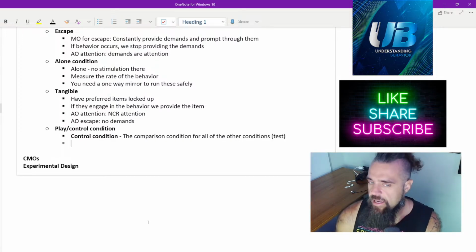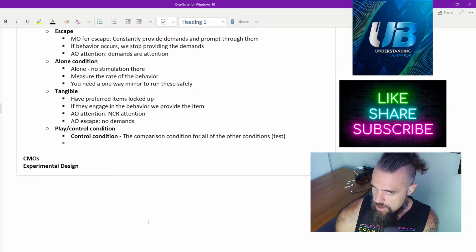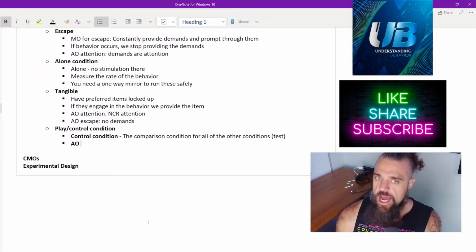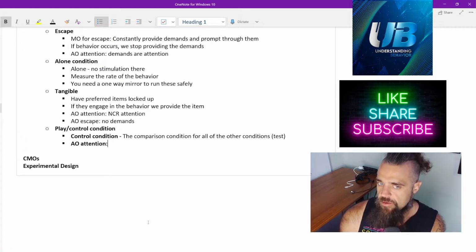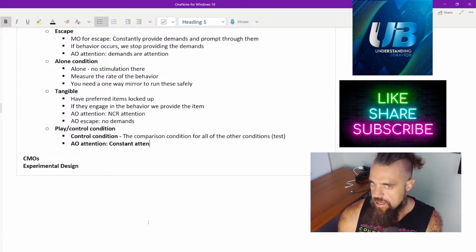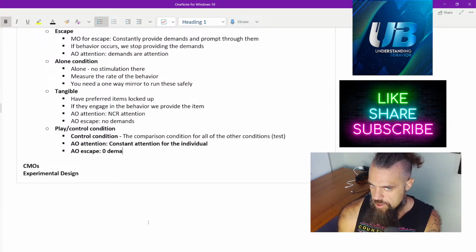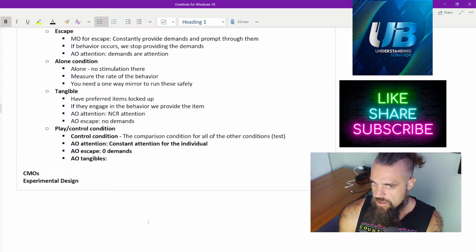The reason it's a good control condition is that we provide abolishing operations for all of our functions. So AO for attention, constant attention for the individual. We provide an AO for escape, zero demands, and an AO for tangibles or access, all the highly preferred items.